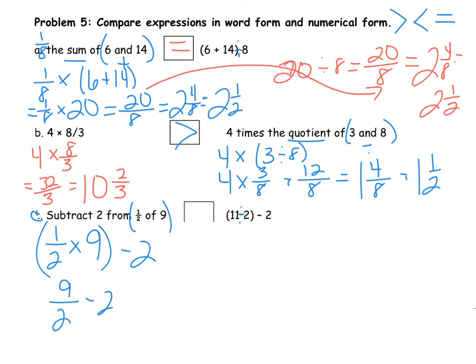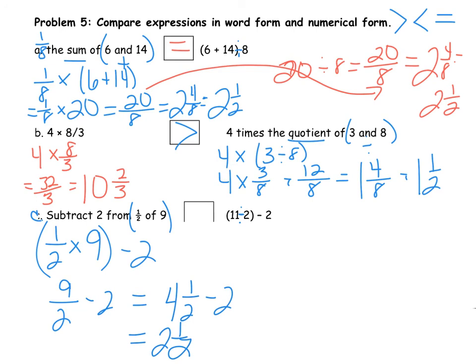Well, let's figure out how many 9/2 is. 2 goes into 9 4 times, which is 8. 9 minus 8 is 1/2. Minus 2, oh, we've solved these. 4 minus 2 is 2, and I have 1/2 left. So 2 1/2.